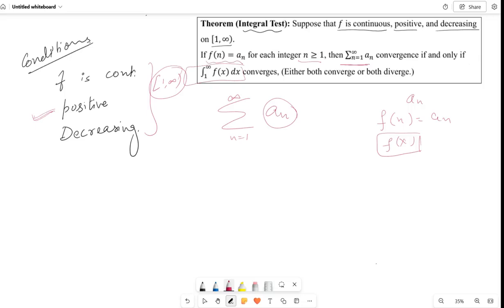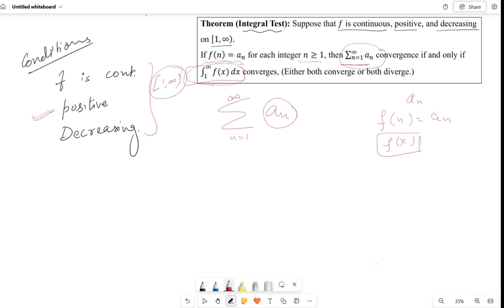And what is this integral? This is an improper integral, right? We have already worked on how to check whether integrals converge or diverge. So to check if the series converges, I can just check whether the integral converges or diverges. If the integral converges, the original series converges. If the integral diverges, the original series diverges.